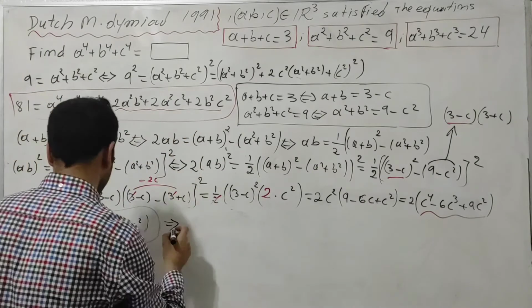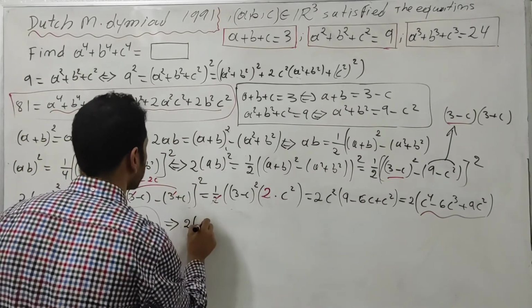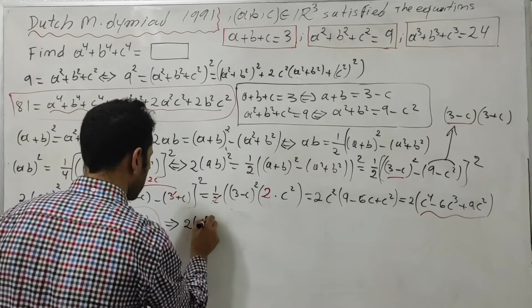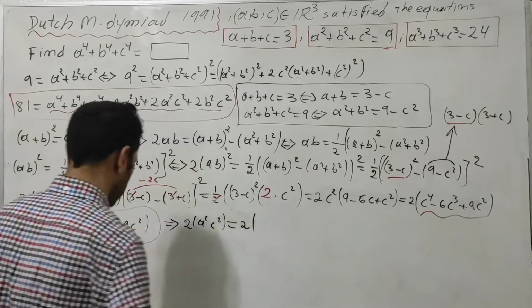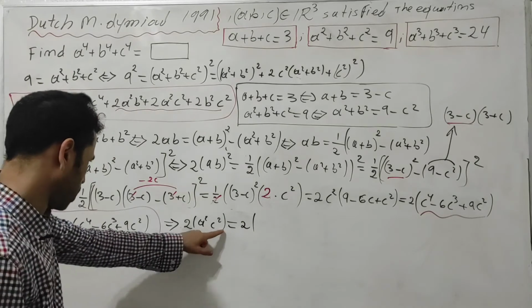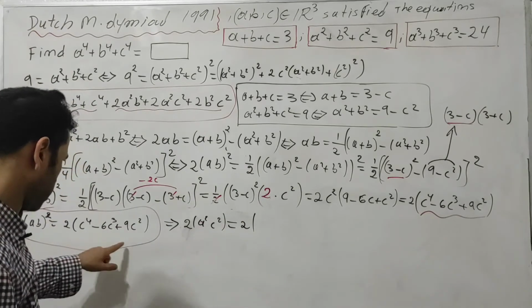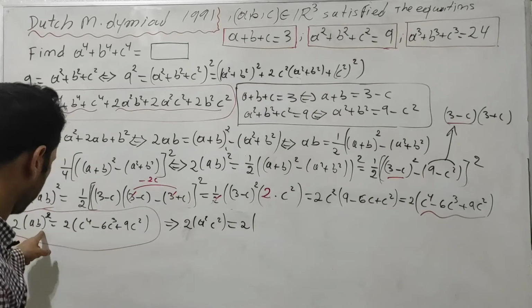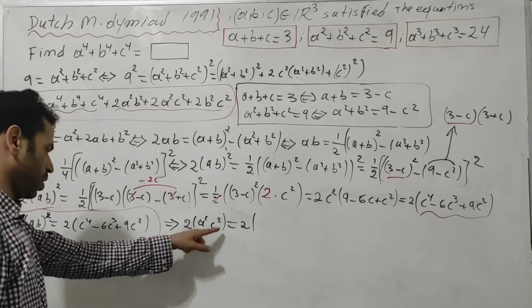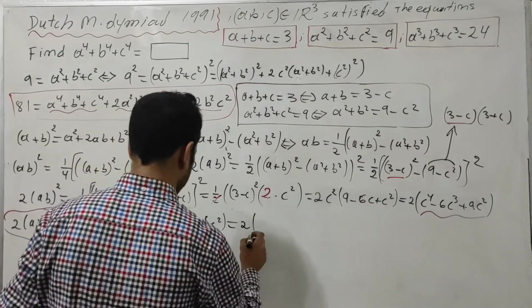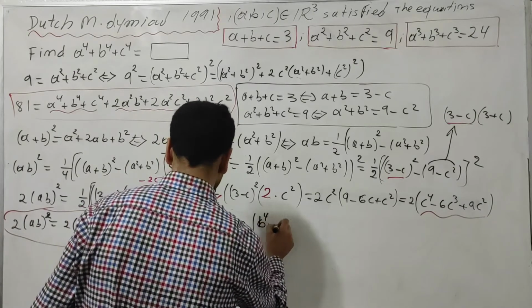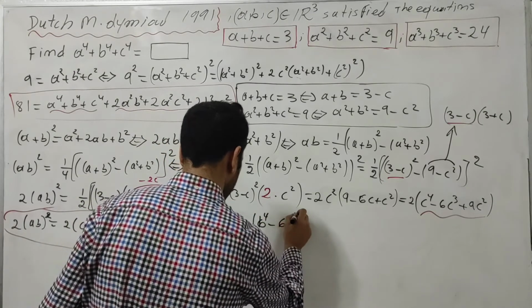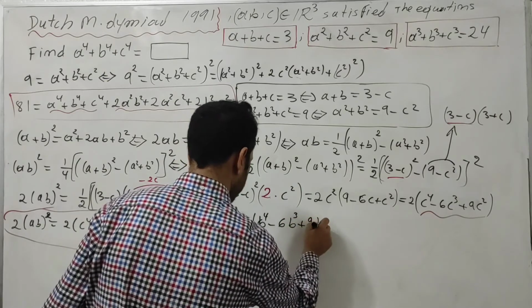So I will have 2 times, as a second term, A square C square, equal to 2 times what I did here. I'm writing AC in terms of B, as I did before with AB in terms of C. So I will have 2 times B to the 4th minus 6B cubed plus 9B squared.